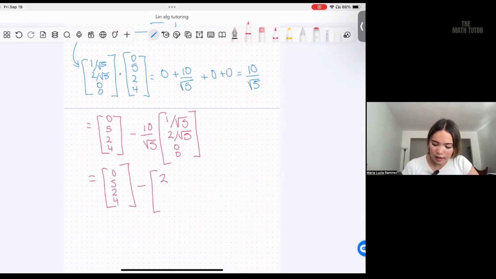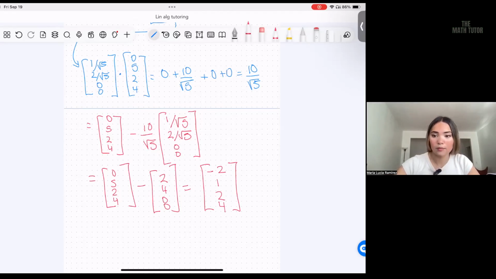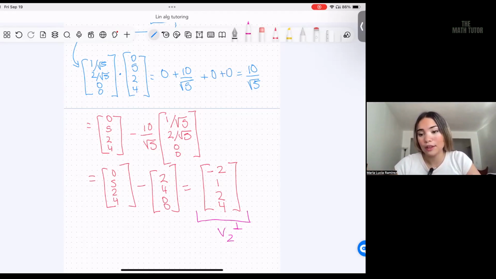And then 10 over root 5 times 2 over root 5 is 20 over 5, which is 4. This is what you get. And then you just subtract those vectors. So 0 minus 2 is negative 2, 5 minus 4 is 1, 2 minus 0 is 2, 4 minus 0 is 4. So this is what you should get for V2 orthogonalized.